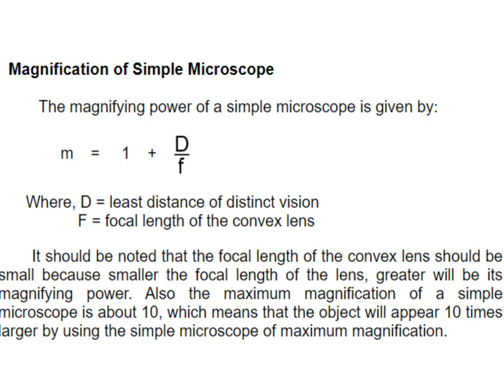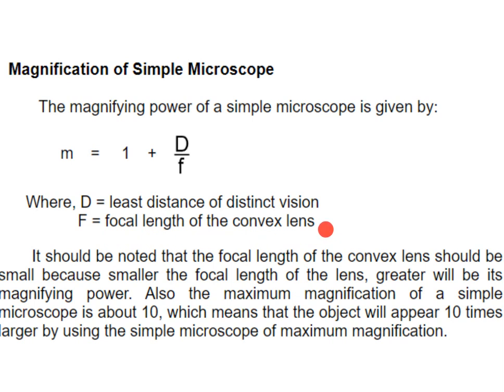Then, magnification of a simple microscope. The magnifying power of a simple microscope is given by small m is equal to 1 plus D upon F. What is D? D is the least distance of distinct vision, and F is the focal length of the convex lens.